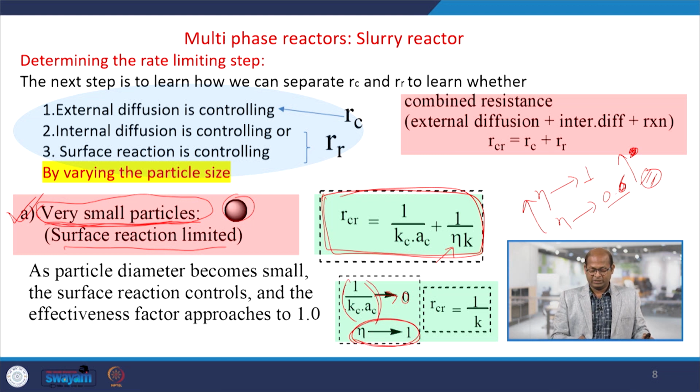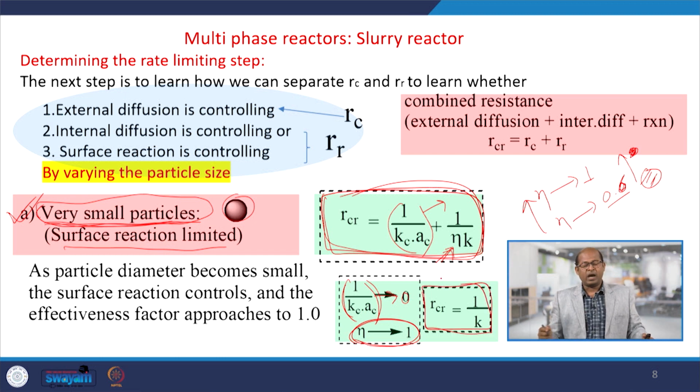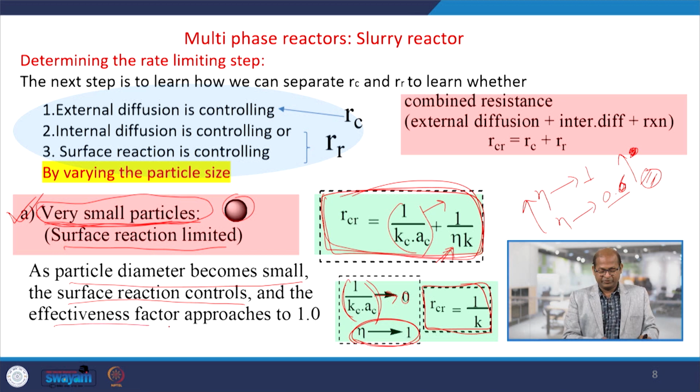So, if we take smaller particles for our systems for the slurry phase reactor, then in this combined resistance this part would be close to 0 and this eta part would be 1, then the combined resistance would be like this: RCR equals 1 by K. So, if the particle diameter becomes small, surface reaction controls and the effectiveness factor approaches 1.